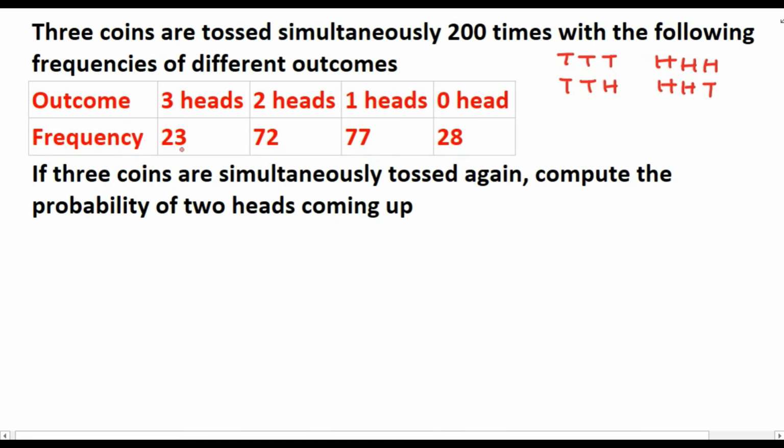So actually 23 times 3 heads come up, then 72 times 2 heads appeared, 77 times only 1 head was there. That means it can be like this. Then no head means all the 3 times tails has come up. Now the question is, what is the probability of 2 heads coming up?